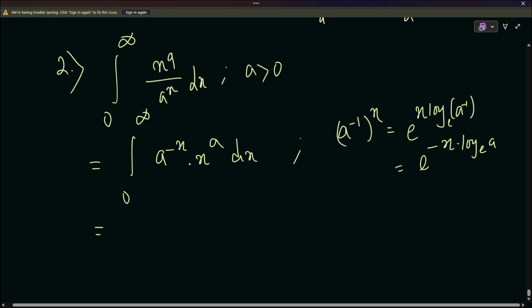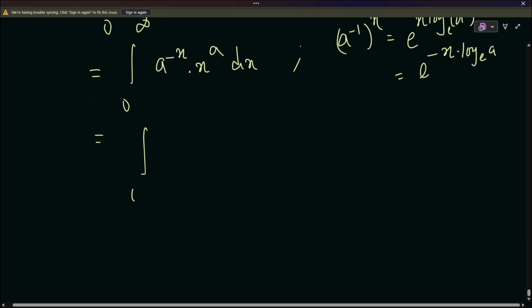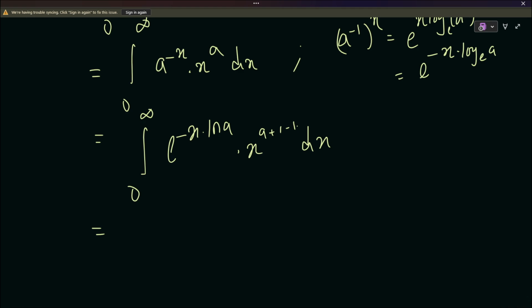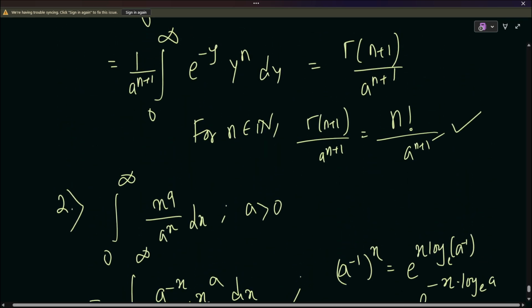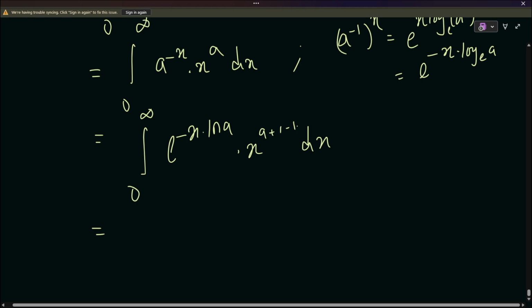So we will apply this and write this integral as 0 to infinity e to the power minus x into ln a into x to the power a plus 1 minus 1 dx, where we have written this in the form of the gamma function. And we already know if there is an extra coefficient multiplied with the x in the exponent of the exponential in the gamma function, that basically comes out, and using the previous result, you can simply write the answer as gamma of n plus 1 by a to the power n plus 1.